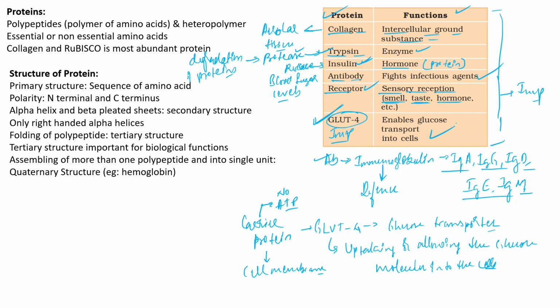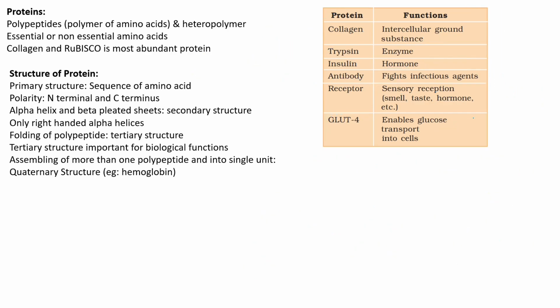Now, we will look into the structure of proteins. Let me erase this. When we look into the structure of proteins, you see that there are four levels of protein organization.